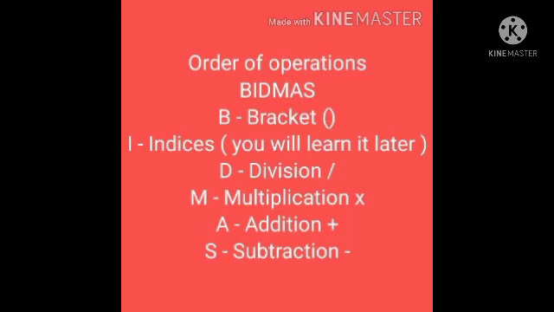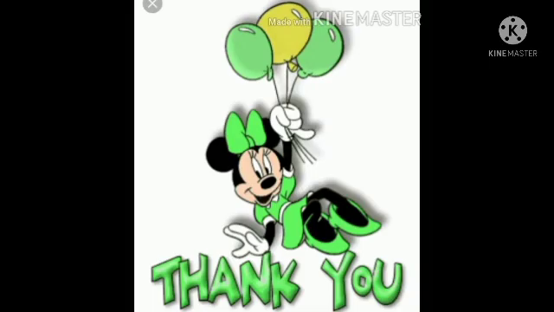Suppose in your question you have more brackets, one or two more brackets, first you want to complete the innermost bracket only. Then only you want to do all the normal operations. Are you clear? Thank you, students.